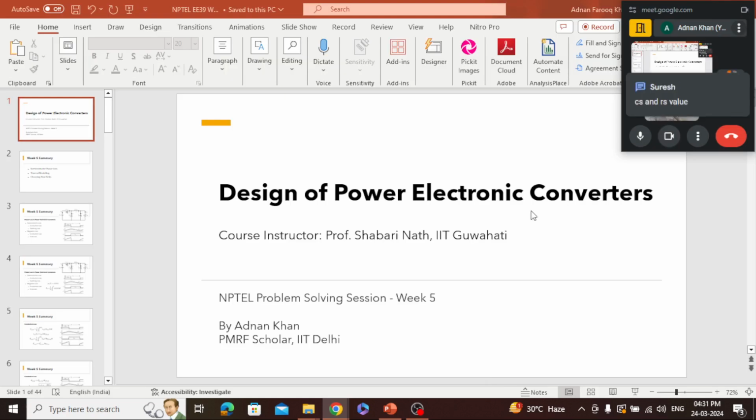Okay, the CS and RS value. If you go through the material that has been provided to you, if you know the chi value and the zeta value, there was a particular equation that was given. If you go through the problem solving session of the previous week, and also the slides I had provided, there is a particular equation.